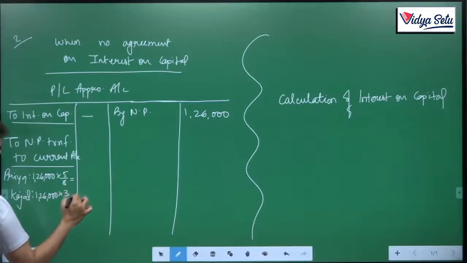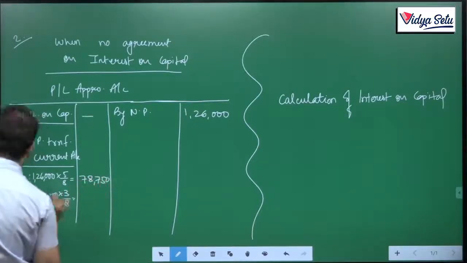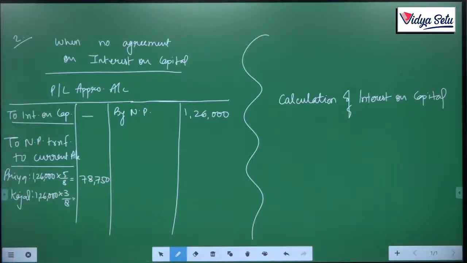If we solve this, how much do we get? 1,26,000 divided by 8 into 5, 78,750, and 1,26,000 divided by 8 multiplied by 3, 47,250.